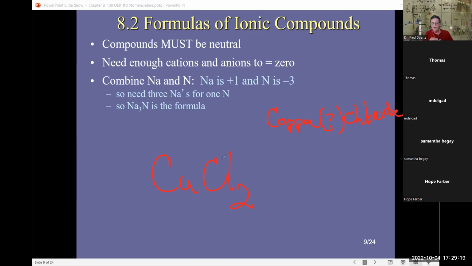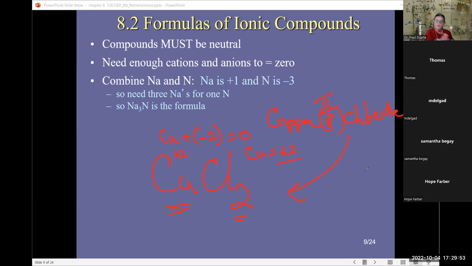We know that every chloride is in group 7. There's 2 of them. So total, we have a -2, right? So we have copper plus -2 equals 0. And if you solve for copper, copper equals +2. So in this state, copper must be a +2, which means that the parentheses gets replaced with Roman numeral 2. So that name will be copper Roman numeral 2 chloride.